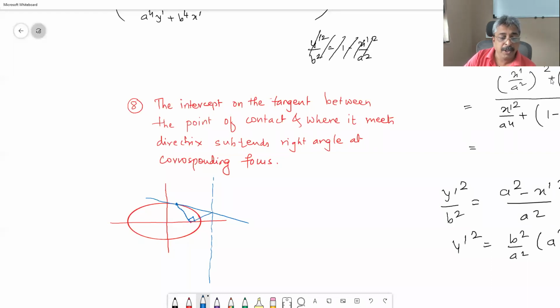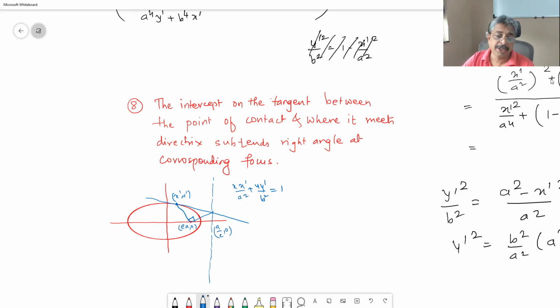If this point P is x dash comma y dash, focus is ae comma 0, and this point x dash upon a square plus y dash upon b square is equal to 1 is intercepted with a over e comma 0 in a point.